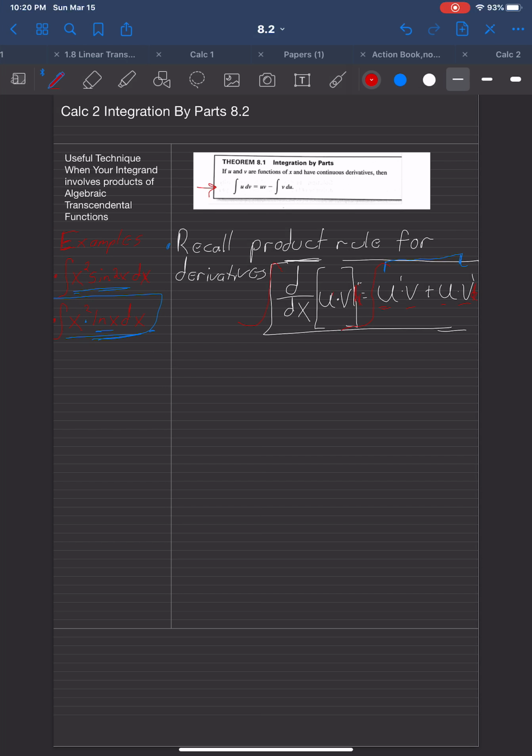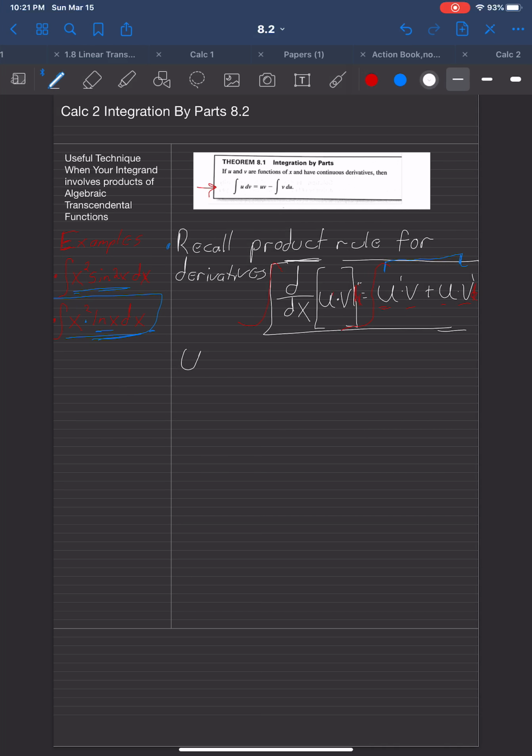If you integrate a derivative, it's like if I multiply by 2 and then divide by 2, you're going to cancel out. So you're simply left with the product of u and v. I think I said u and x, but I should have said u and v.